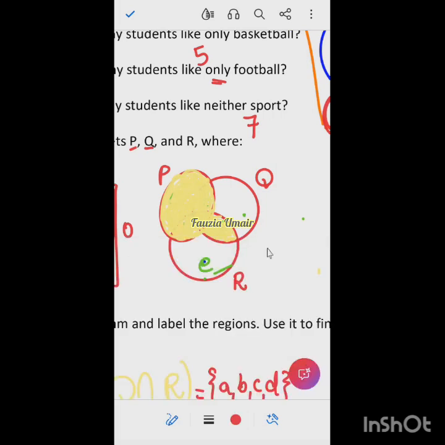P union Q intersection R, right? Any question? Anything you cannot understand? Is it clear? Yes, ma'am. All right.